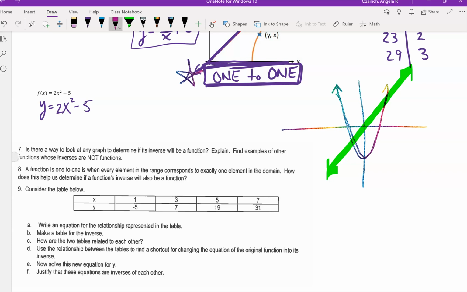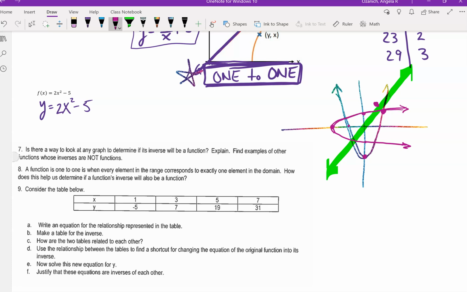Let's imagine if I were to reflect this point over the line y equals x, this point and this point, what ends up happening is I get a graph that actually is not a function.